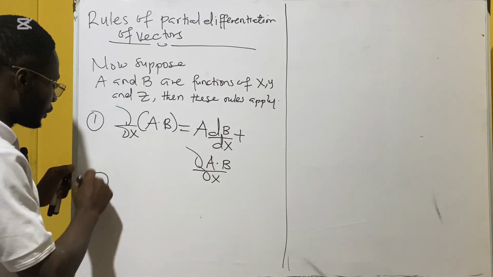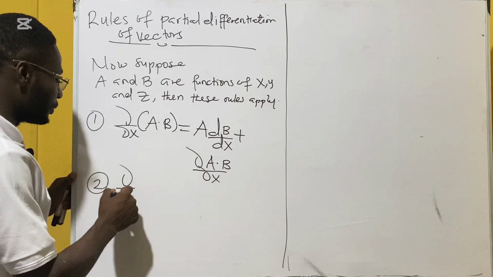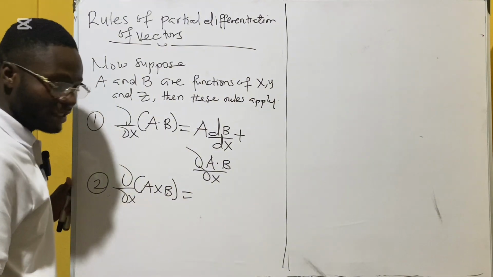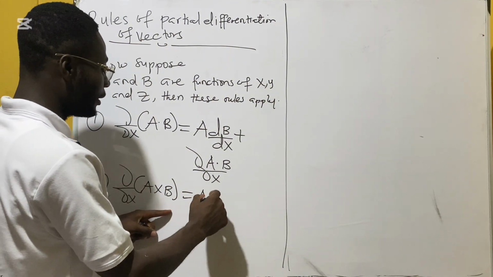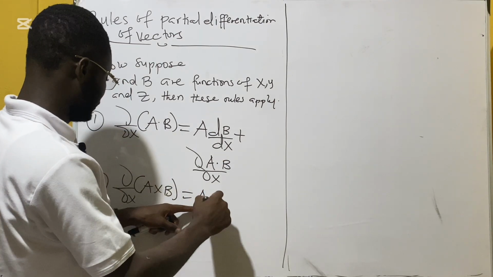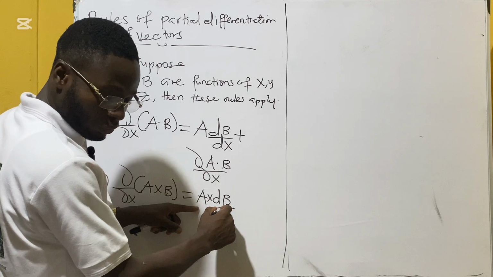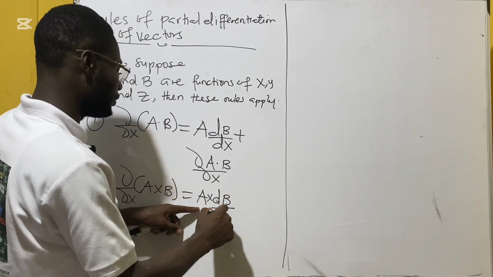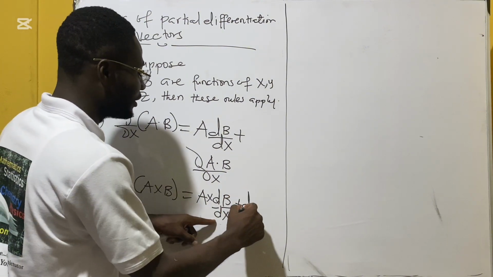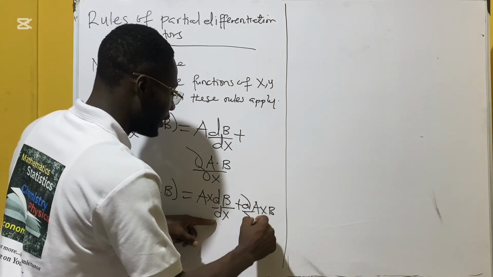Okay, so let's look at rule number 2. Rule number 2 is when you're having the cross, with respect to x, but this time it's not dot, it's A cross B. So this is also A cross the differential of B with respect to x, plus the partial differential of A cross B with respect to x.